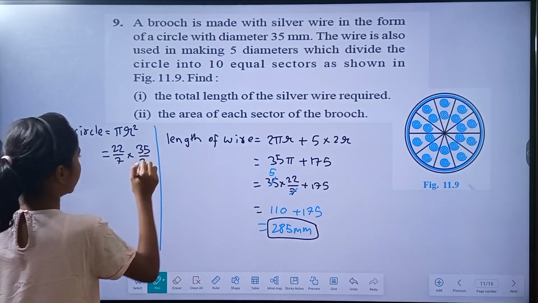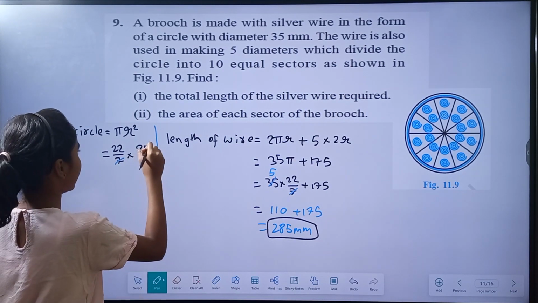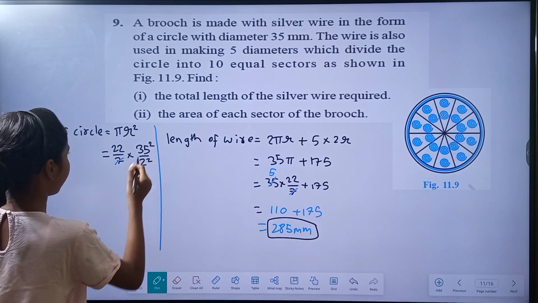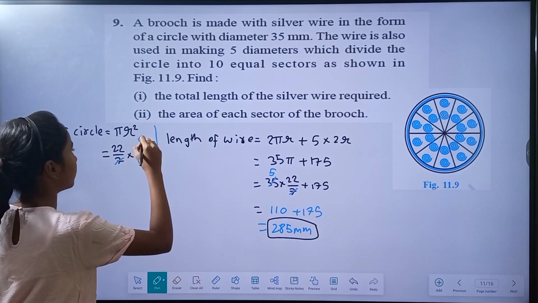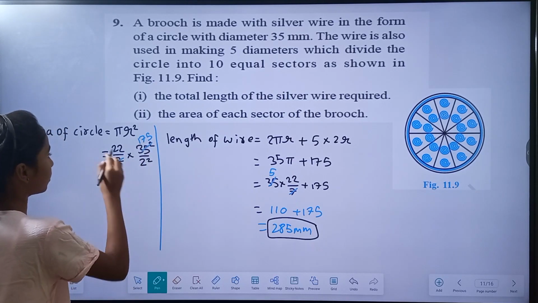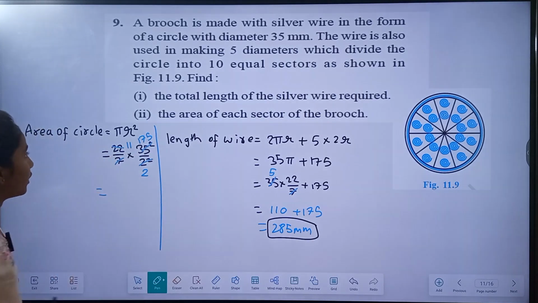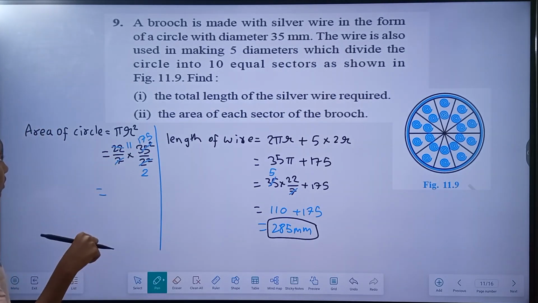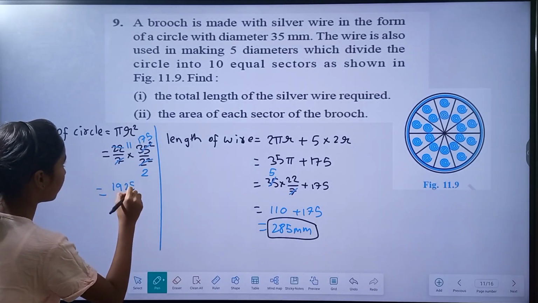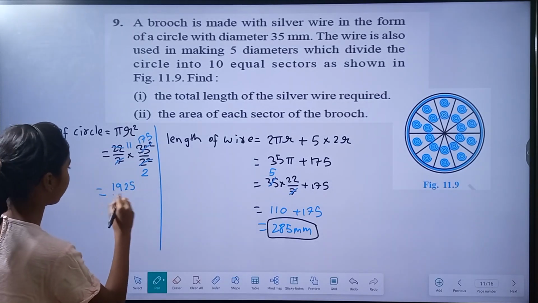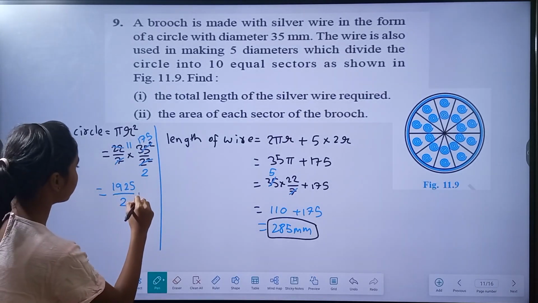So we can cancel 7. 35 square by 2 square. 7 to this, we'll get 5 into 35, 175. And over here, 2 square, we'll get 2 over here and 11 over here. 11 into 175 by 2, 1925 by 2 millimeter square.